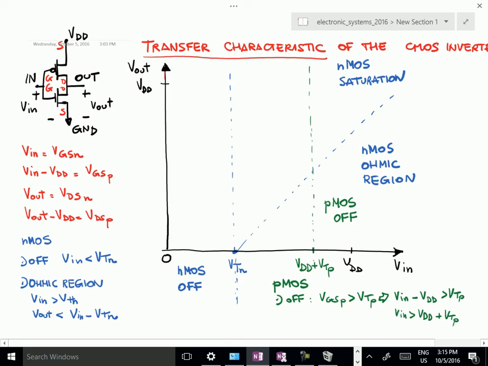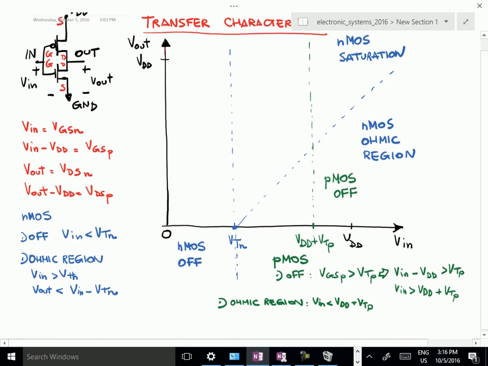And then for the PMOS, let's draw the ohmic region conditions. Of course, we have a condition of VGS, which is VGSP smaller than VTP, which means Vin smaller than VDD plus VTP.